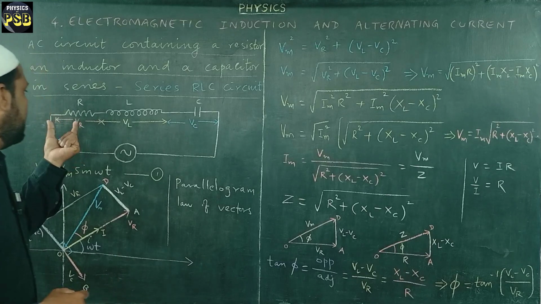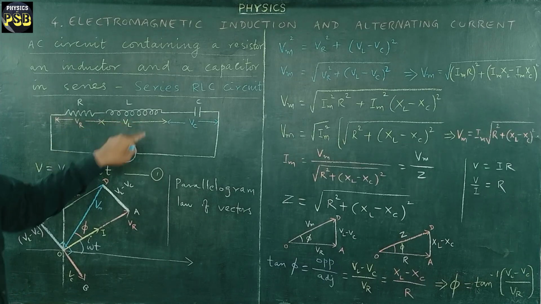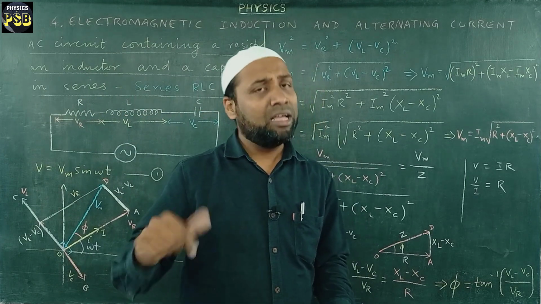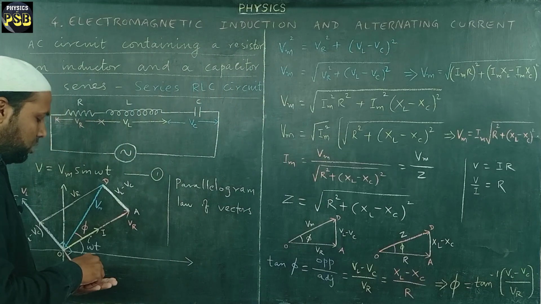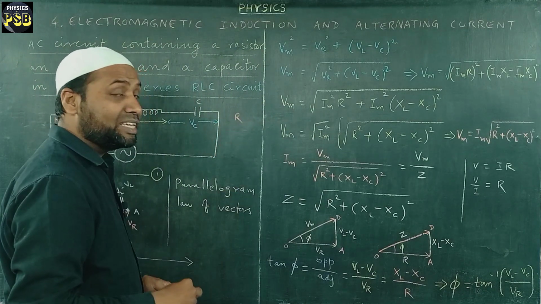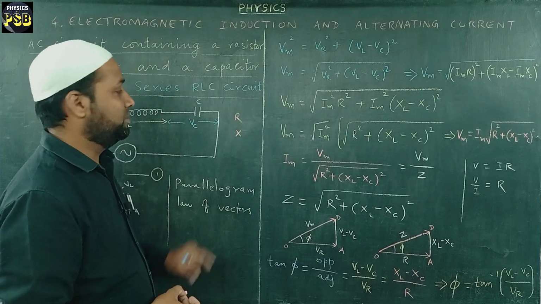So, in case of a resistor, we use the term resistance, whereas in case of inductor and capacitor, resistance is replaced with reactance. Remember this. Resistance is usually represented by letter R, whereas reactance is represented by letter X.